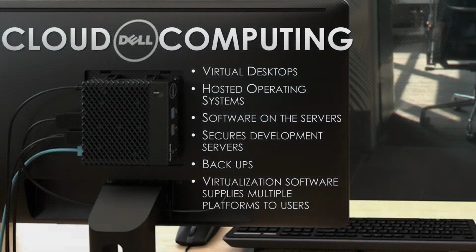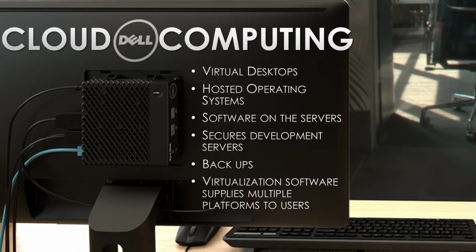Another concept we want to get into this time is virtual desktops, such as thin clients. What you're looking at here in this picture is the back of a Dell monitor, and this little box bolted onto it is the entirety of the computer. It doesn't have a hard drive per se, doesn't need one. It just connects to the monitor, the keyboard, the mouse, and the network.